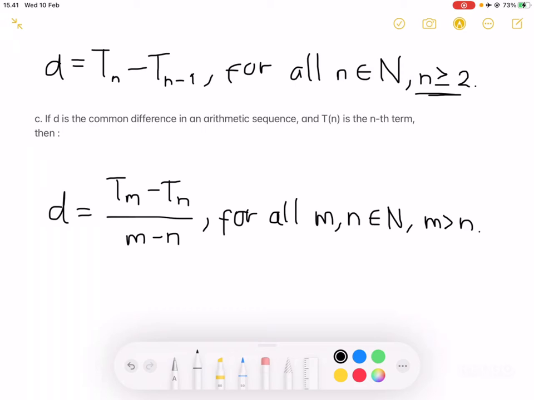And I should have added that this could be equal to or greater than 1. So yeah, you can just simply see that this is true by extracting the definitions of t of n.